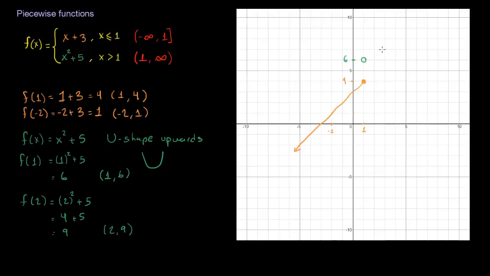If you want this to be a proper function, it has to pass the vertical line test. If I draw a vertical line, it must only touch one point of this f of x. If it touches two or more, then it is not a function.